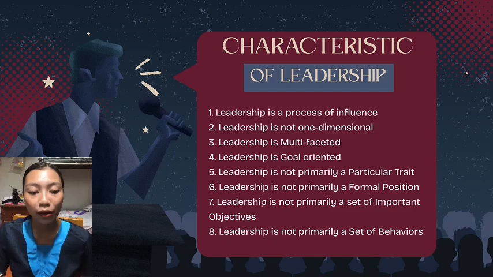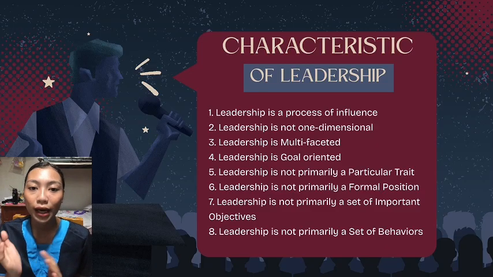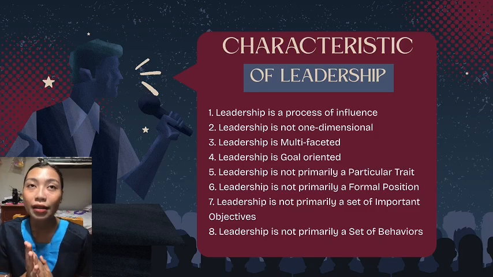For example, a banquet captain who models punctuality and professionalism influences the team to follow suit. So if you are the leader and you show punctuality, you value time, you show professionalism, then your subordinates will definitely follow your actions because that's what they can see.